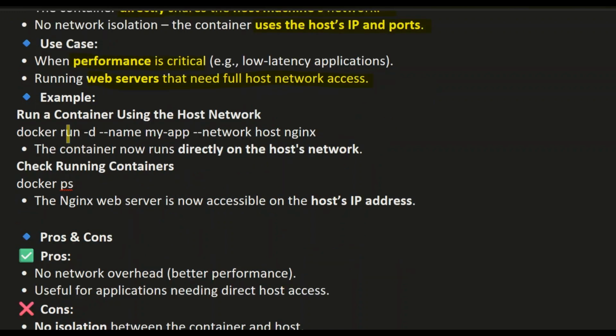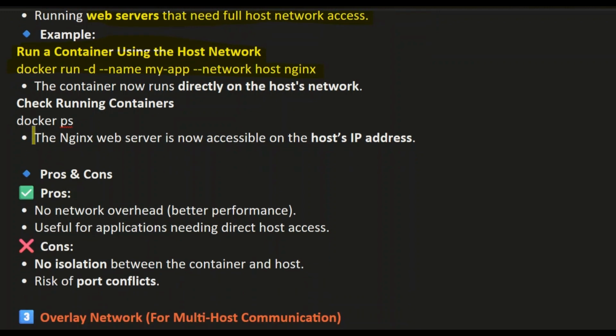Example. Run a container using the host network. docker run -d --name my-app --network host nginx. The container now runs directly on the host's network. Check running containers. docker ps. The Nginx web server is now accessible on the host's IP address.